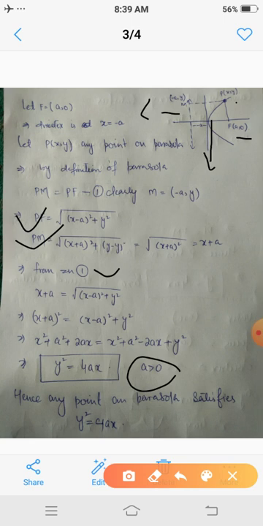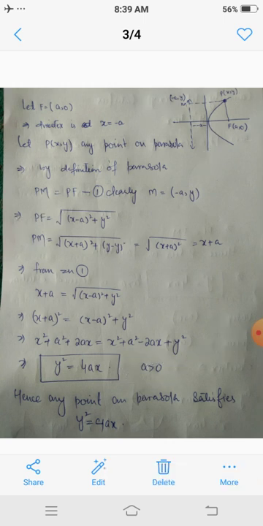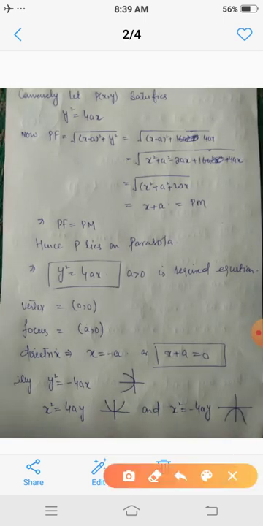So this means that when point P lies on the parabola, then it satisfies this very equation, that is y square equals 4ax. Hence any point on the parabola satisfies y square equals 4ax. Now conversely, let's assume that a point P(x, y) satisfies y square equals 4ax.